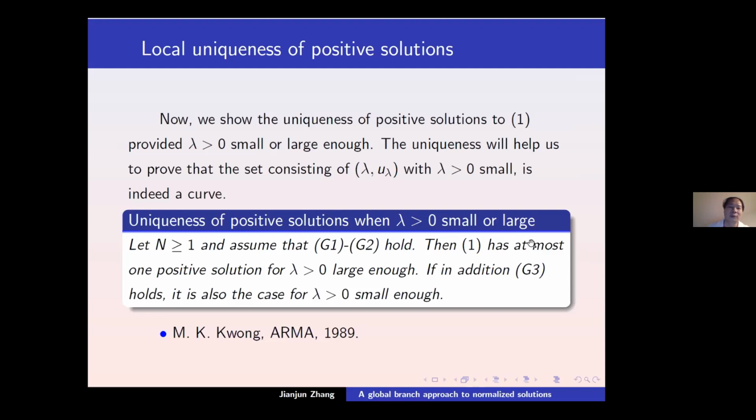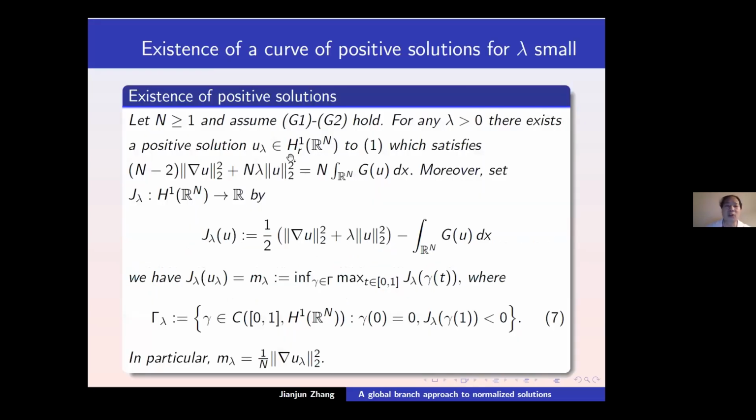So if lambda is small or large enough, we can show that problem 1 has a normalized solution. Also, the positive normalized solution is unique. For lambda small, we can show that the positive solution lies on one curve.